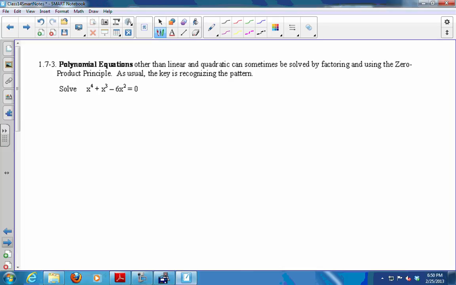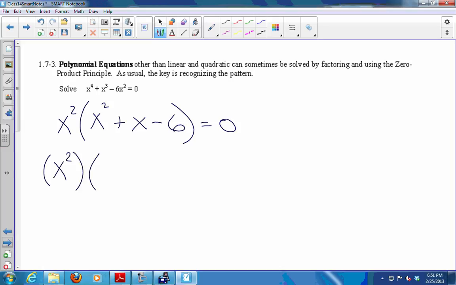So what factor do all 3 terms on the left side of this have in common? x squared. So I can factor out x squared, and I'm going to be left with x squared plus x minus 6. And then what's in parentheses there can factor even further to x plus 3, x minus 2.